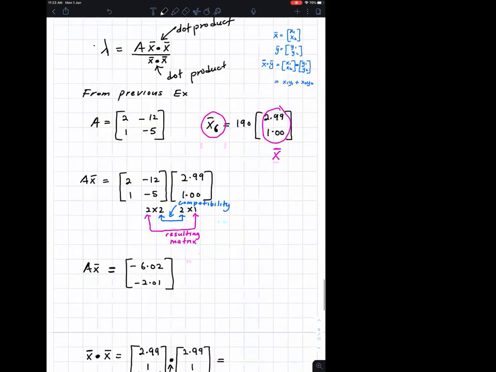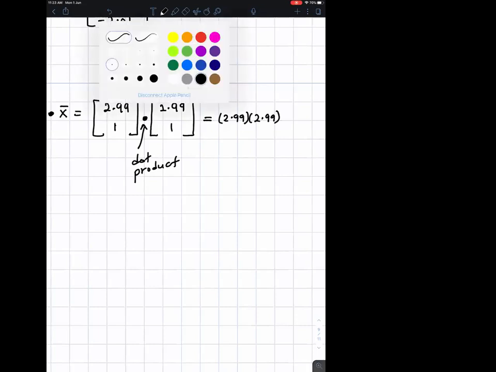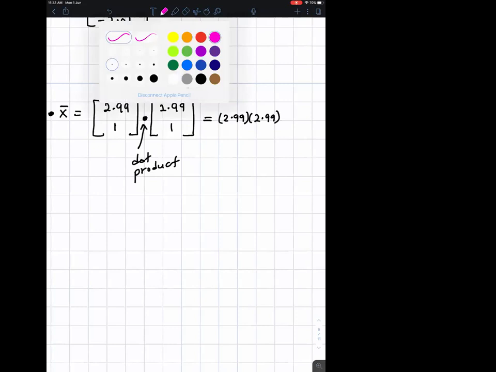Earlier I mentioned how to do the dot product. Multiply the same components. In this case, x1, x2 and x1, x2: x1 multiplied by x1 plus x2 multiplied by x2.